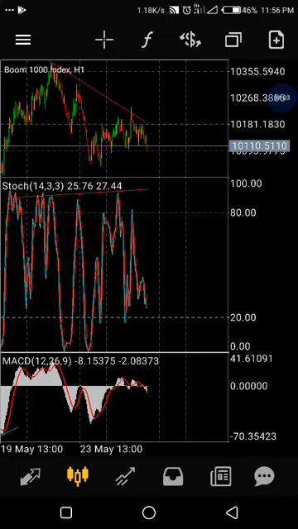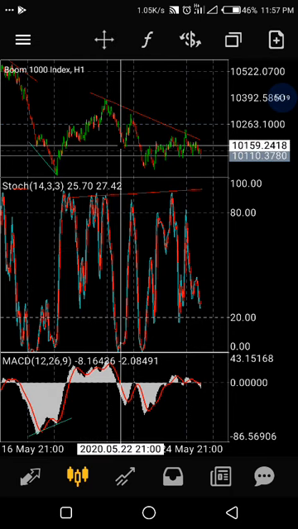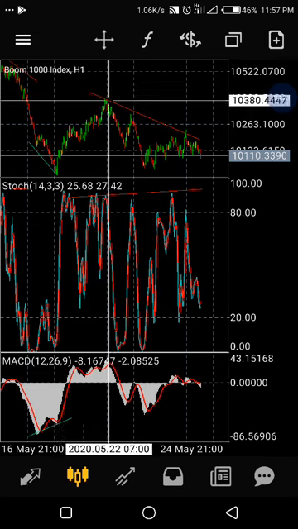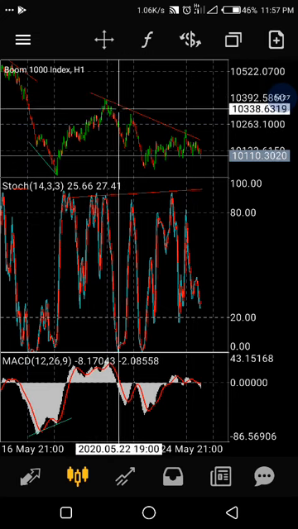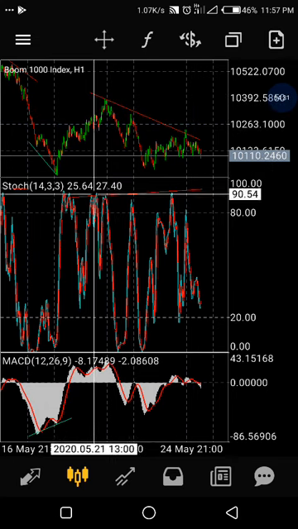Using the stochastic, the first one, let's locate this negative divergence. Here you see this trend line that I drew is showing where there's a higher low and a lower high.